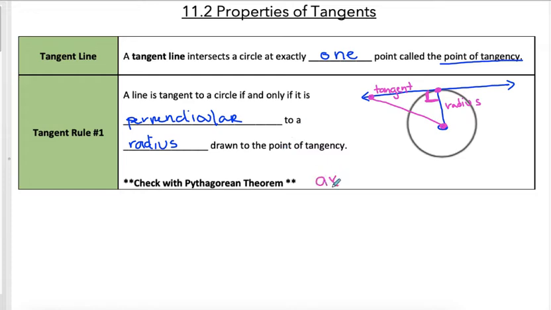If we need to check a tangent, we can do a squared plus b squared and make sure it's equal to c squared. If this is true, then we know we have a tangent. If it's false, then not a tangent.